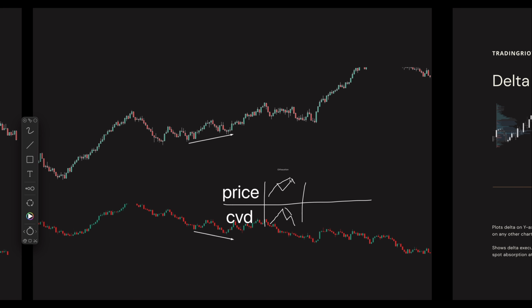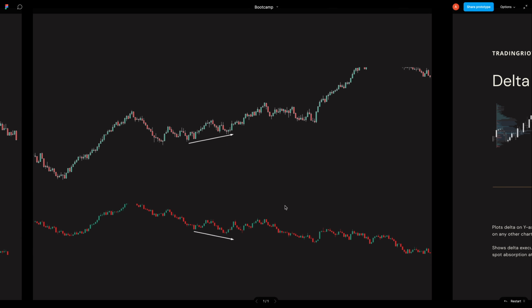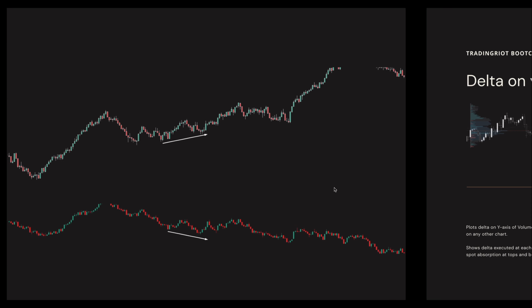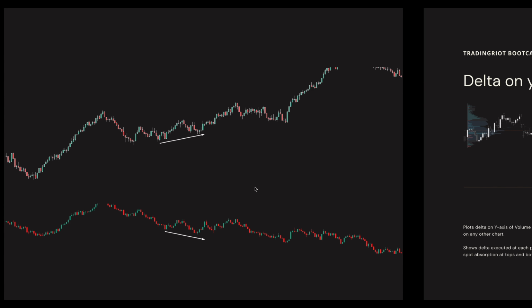The market makes a new high, but there are no buyers. Buyers are basically losing interest. The market makes a lower low, and the CVD makes a higher low. There are no sellers interested in pushing this lower, and since you need both sides to go hand in hand to sustain any healthy trend, these things will not reverse every time, but it's a good spot to pay attention.